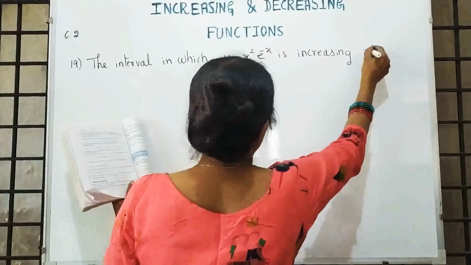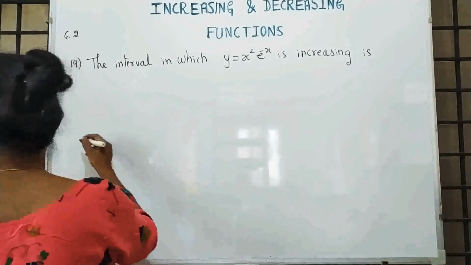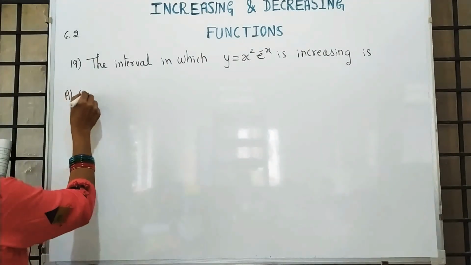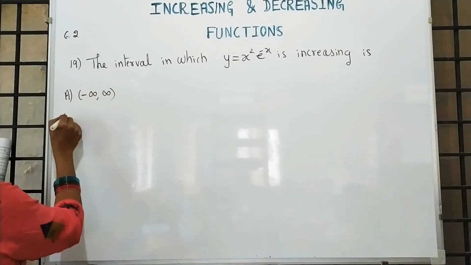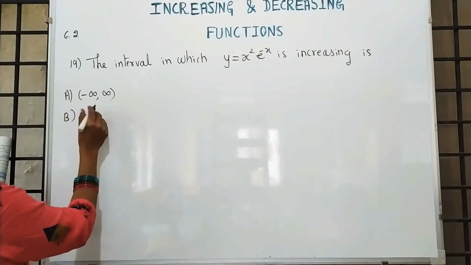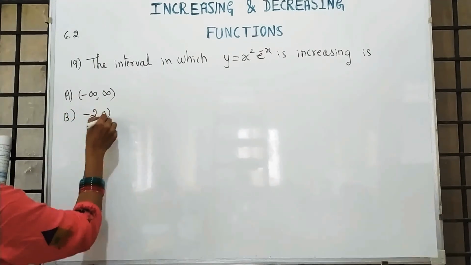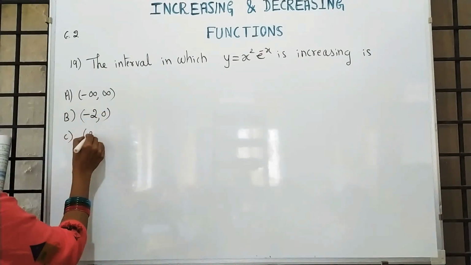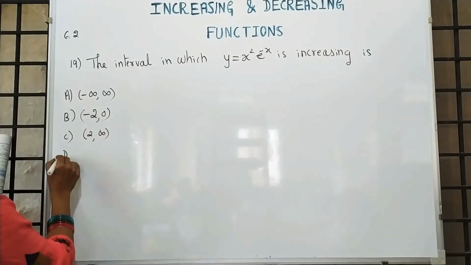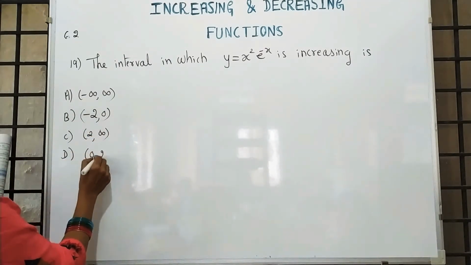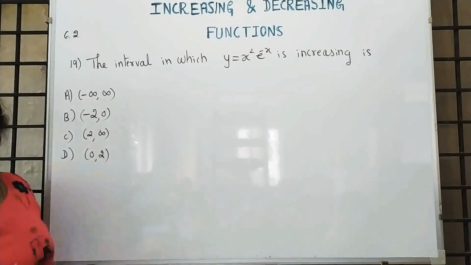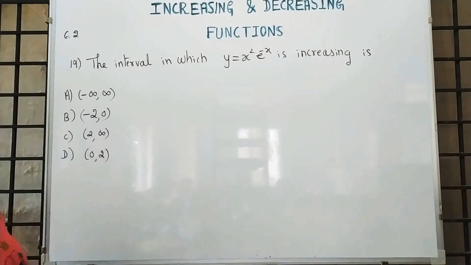First option, minus infinity to infinity; second option, minus 2 to 0; third option, 2 to infinity; fourth option, 0 to 2. So the intervals are given, but we also have to find the derivative.